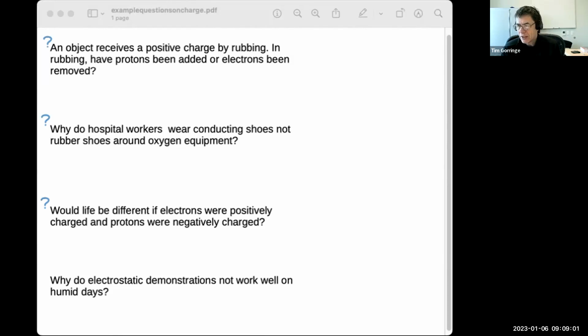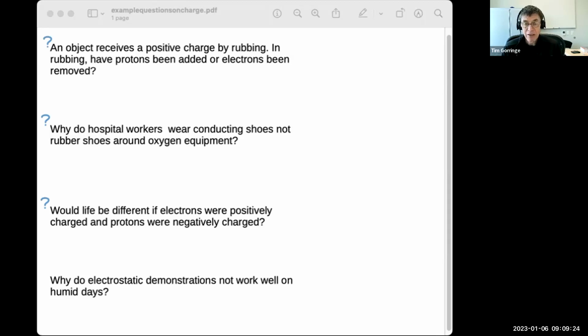Well, you might first think, well, that's something radically different. The world's going to be radically different if protons are negative and electrons are positive. But actually, the world would be no different if electrons were positive and protons were negative. It would be exactly the same as if electrons are negative and protons are positive.